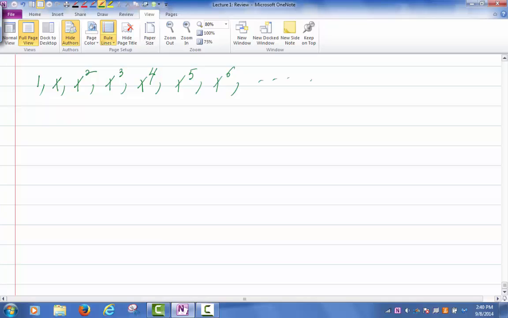What's the graph of 1? That's just a horizontal line with height 1. The graph of x is just the straight line that makes a 45-degree angle with the positive x-axis. And the graph of x squared is a parabola, right? But how about the graphs of the other powers of x?